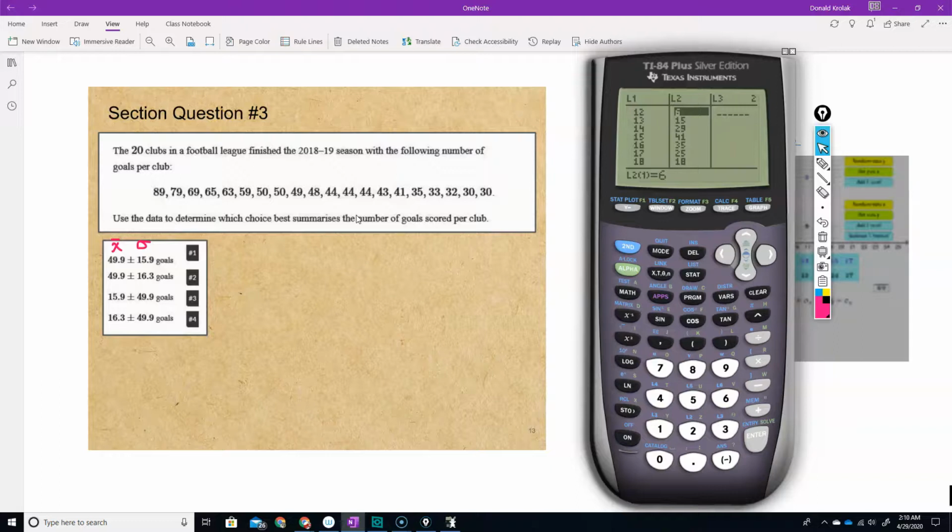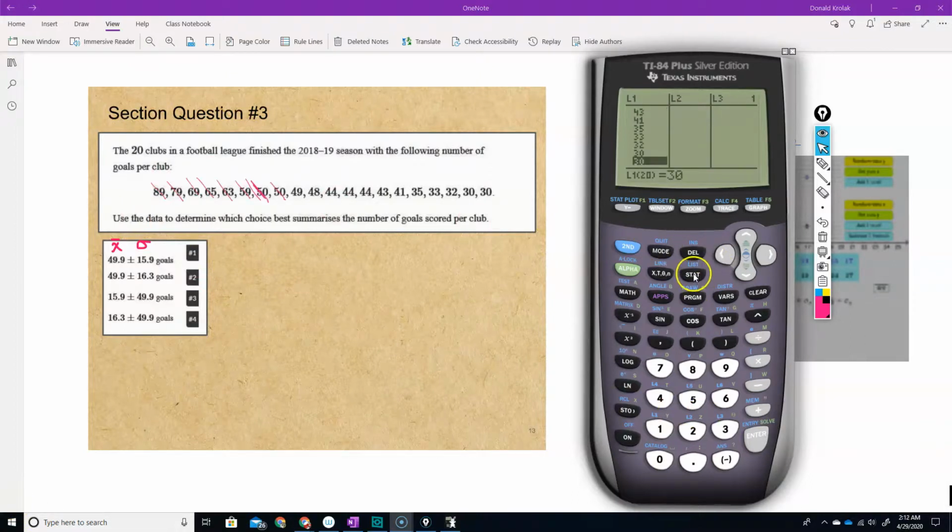So you're just entering one list. You don't have to worry about frequency, and then it's do your 1 variable statistics. So again, to clear a list, just highlight the list number, hit clear, and then enter. Okay, so I'm going to go ahead and type those in and then be right back.